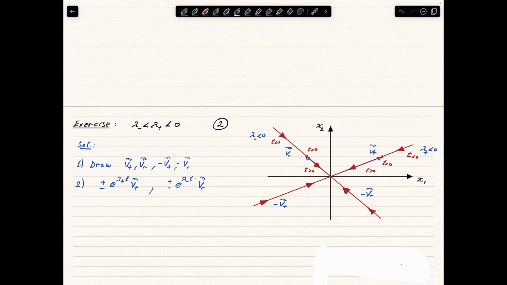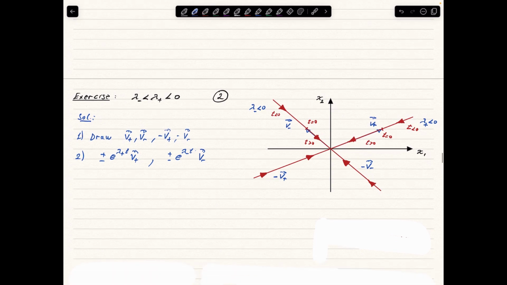And now the only thing we need to do is draw one of the solutions. For example, consider the case c plus equal 1, c minus equal 1, like we did before. And let's plot this solution, which is going to be exponential lambda plus t v plus, plus exponential lambda minus t v minus.